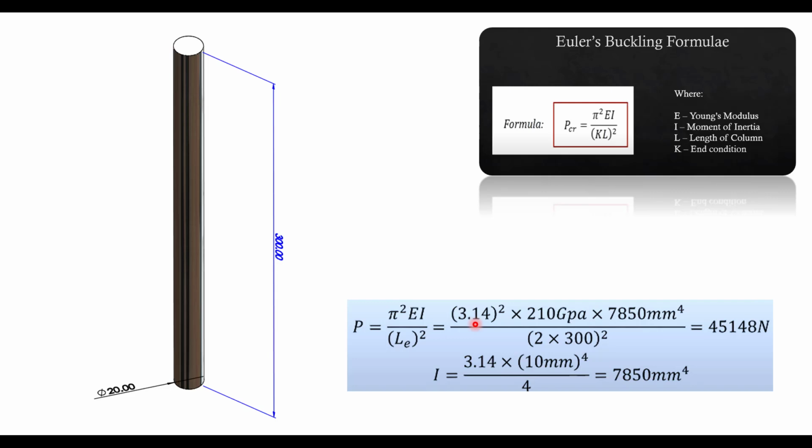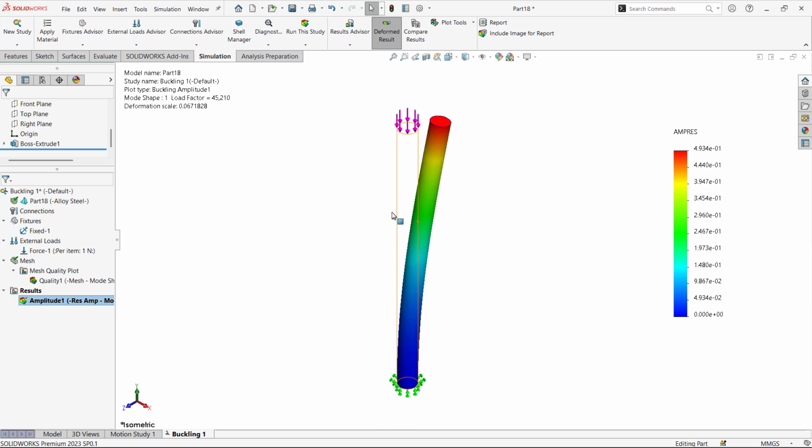You can see it shows 45 kilonewton. So for the simple models, the numerical value as well as the analytical values, the simulation values we are getting are similar. So in short, we are doing good, correct?